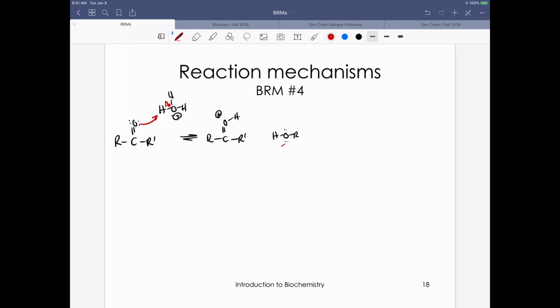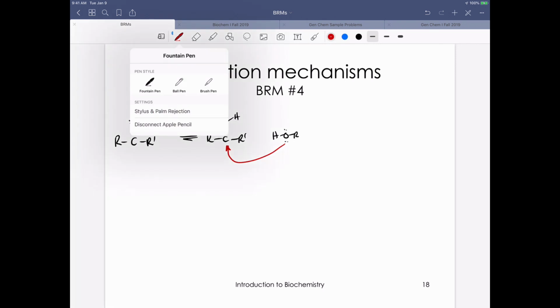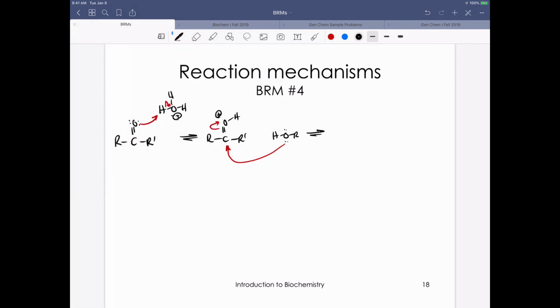So we're going to see the same chemistry as we saw on the previous slide. Nucleophilic attack on our carbonyl carbon generates a tetrahedral intermediate. Now again, what's different here is we are going to already have this guy be protonated as the alcohol.